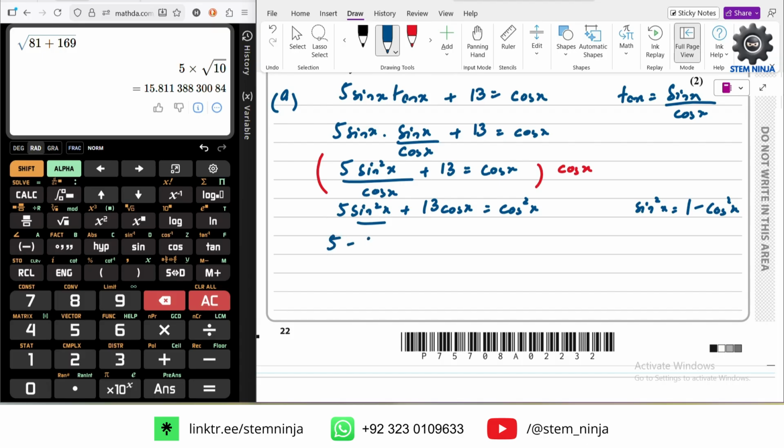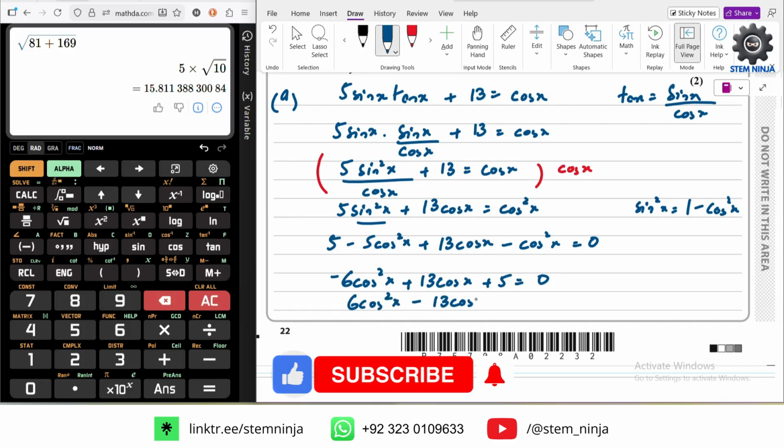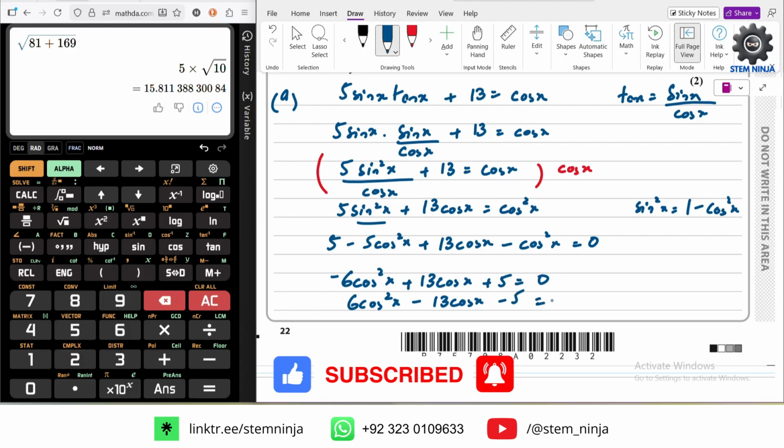So this becomes 5 minus 5 cos squared x plus 13 cos of x minus cos squared x equal to 0. This becomes minus 6 cos squared x plus 13 cos of x plus 5 equal to 0, which can also be written as 6 cos squared x minus 13 cos of x minus 5 equal to 0.